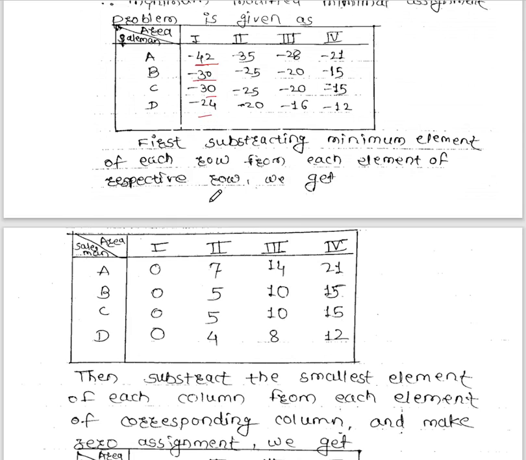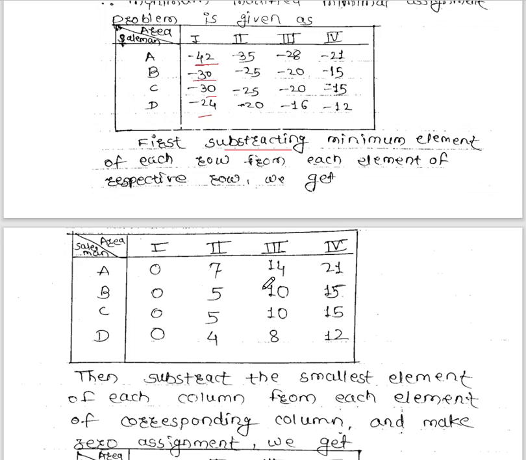Subtracting minus 42 means you have to add 42, only 42 you have to add to make this zero. In simple words we can say add 42 in the first row, then 30 in the second row, 30 in the third row, and 24 in the fourth row.